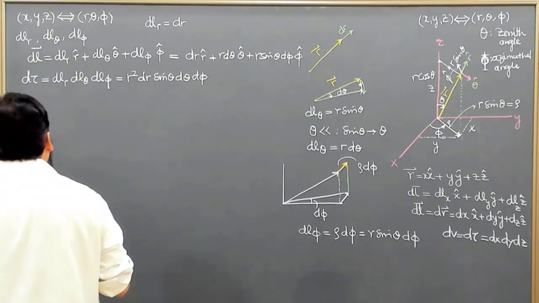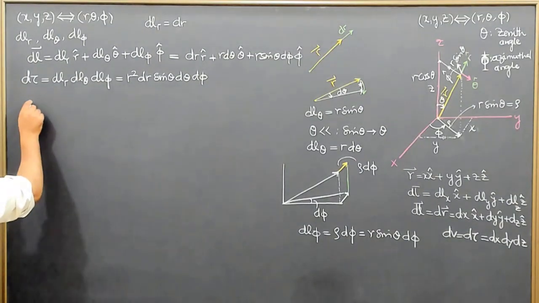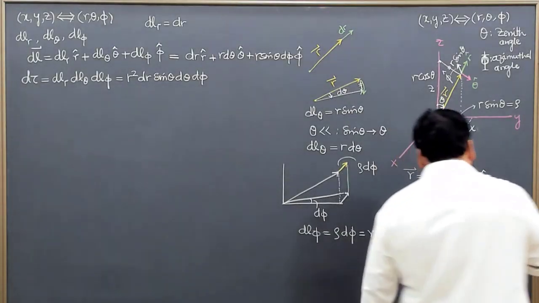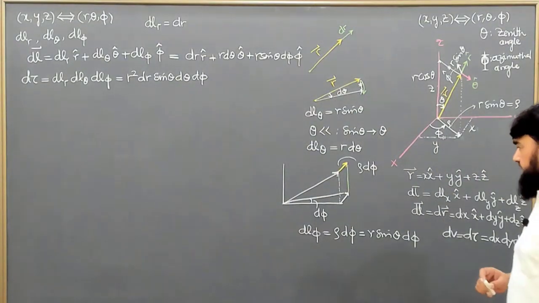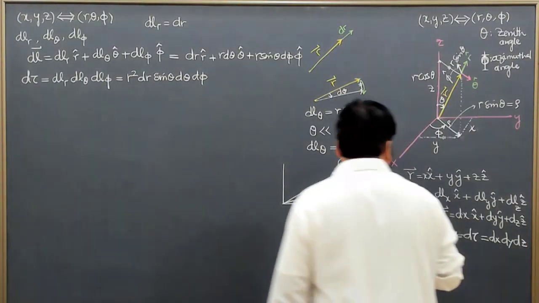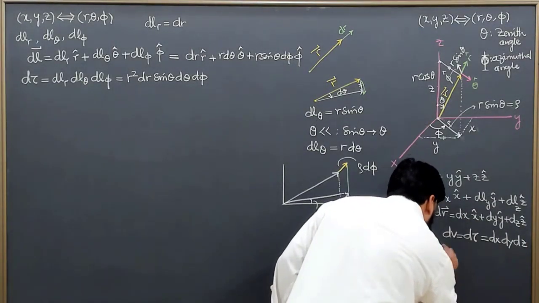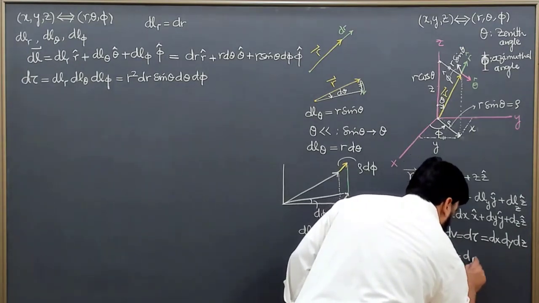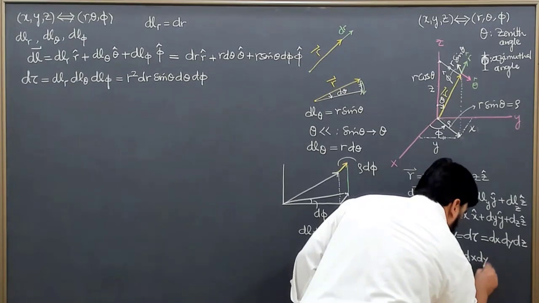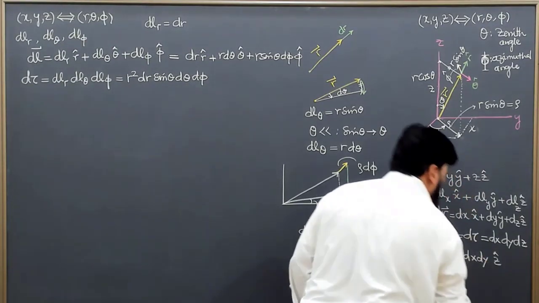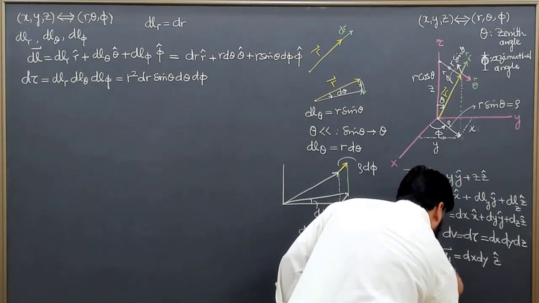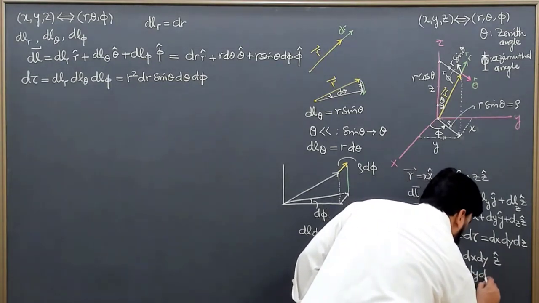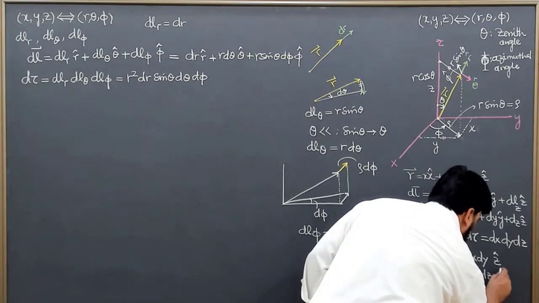Now what about the area element? Any two components can make us the area here. Like in a three-dimensional coordinate system, if I take d area 1, and this is dx and dy, then it is in the z unit vector. Area element 2 is dy and dz, so it will be in the x unit vector.